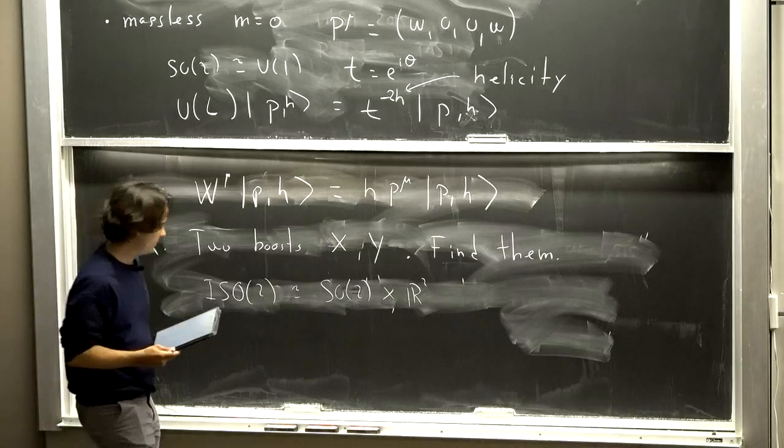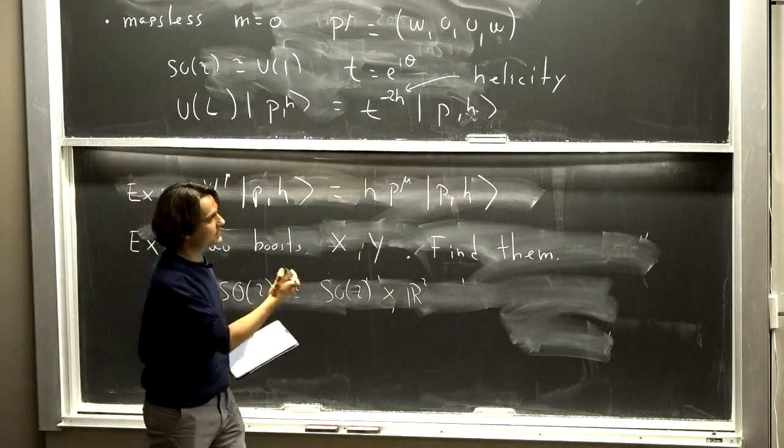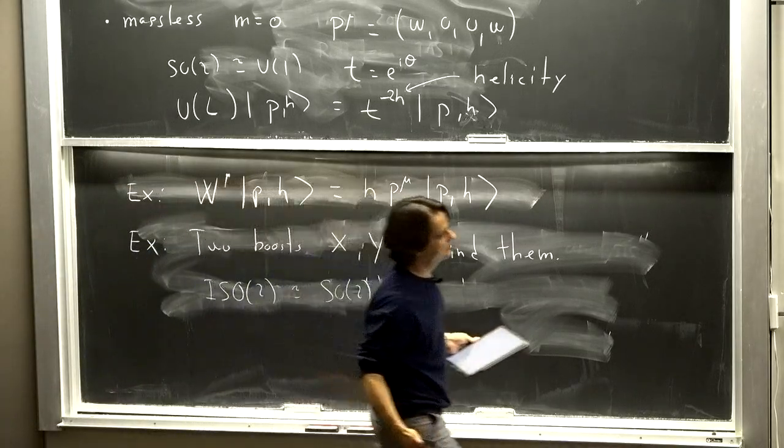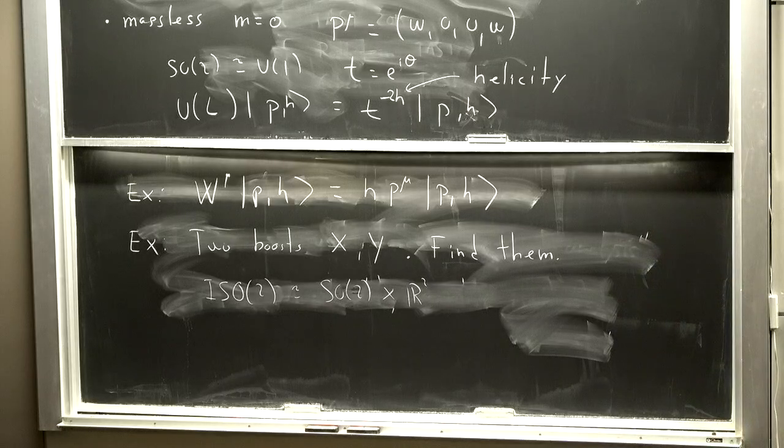Okay, so the key statement that I want to extract from all of this, that we will use later after we discuss some of the other principles, is the following. Because amplitudes are overlaps between multi-particle states, they're actually not Lorentz invariant. They transform under this little group.